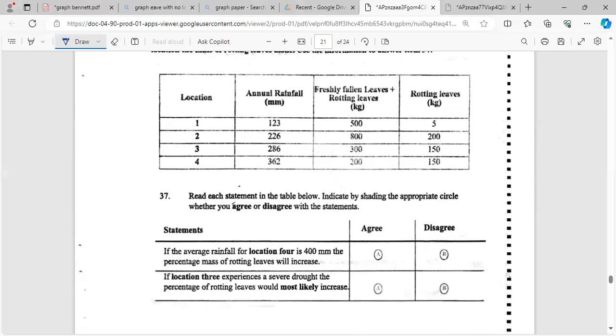If the average rainfall for location 4 is 400 millimeter, the percentage mass of the rotten leaf will increase.